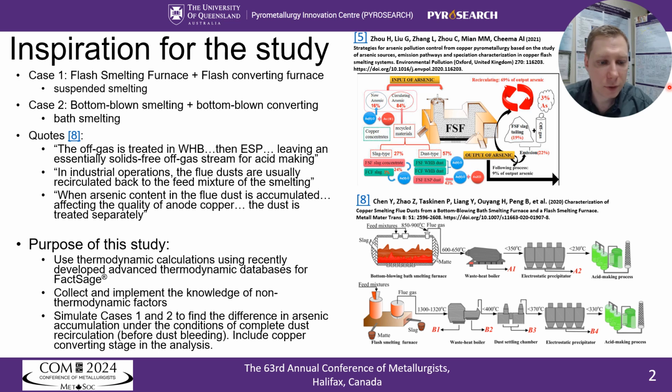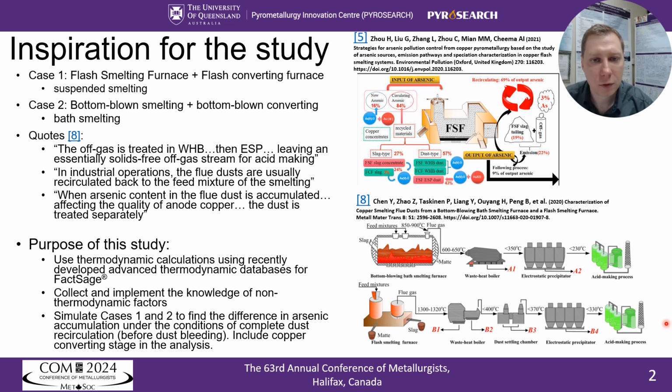The focus of these studies was on the smelting stage. What was of interest to us is to perform thermodynamic calculations using FactSage software for high temperature units in these flow sheets, including converting and fire refining stages. Also, we tried to collect and use the information about the non-thermodynamic factors in these processes.